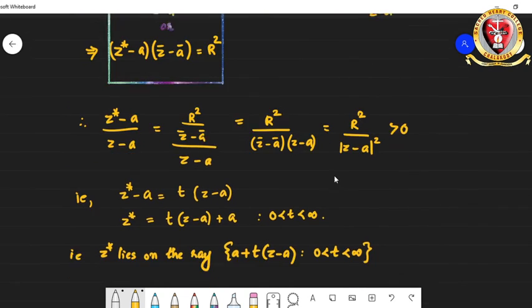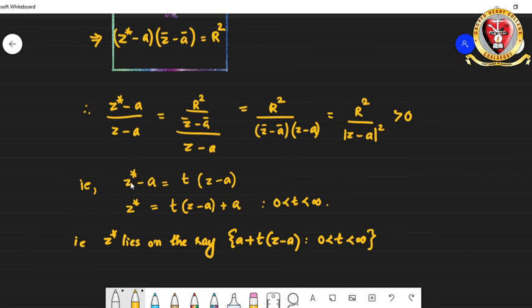That is, z star minus a divided by z minus a is equal to some t, where t is a strictly positive number. So you can write z star minus a is equal to t into z minus a. So we are assuming that that is the strictly positive number.